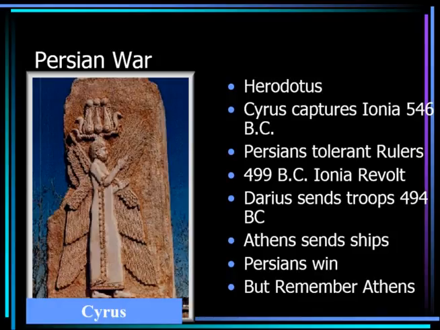So, spoiler alert, he puts down the rebellion, and those cities stay under Persian control. The Persians do win. But the key of this is he remembers, and the Persians remember, what the Athenians did. The Athenians messed with the Persian Empire. And what the Persians felt was that the Athenians really didn't have any reason to get involved.